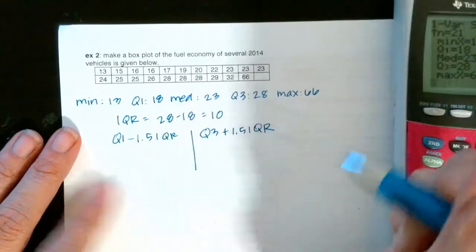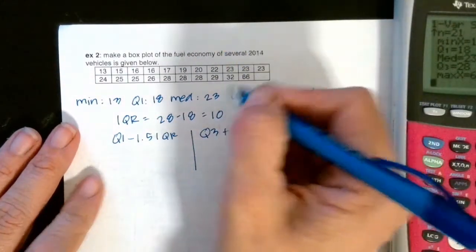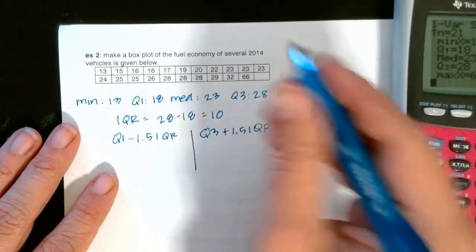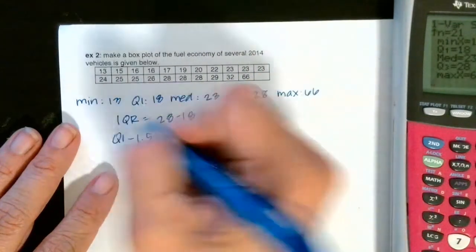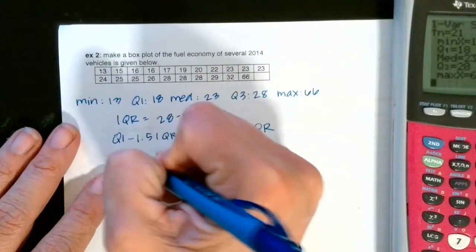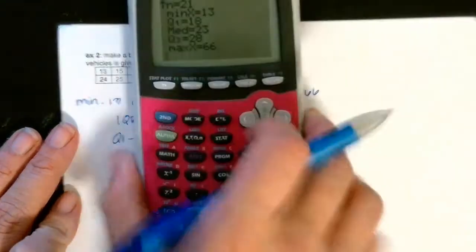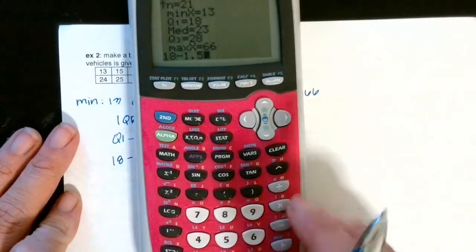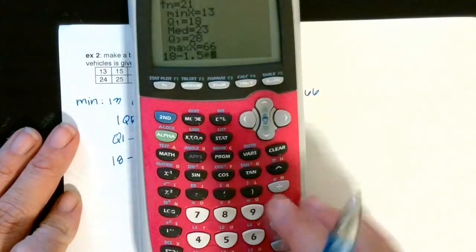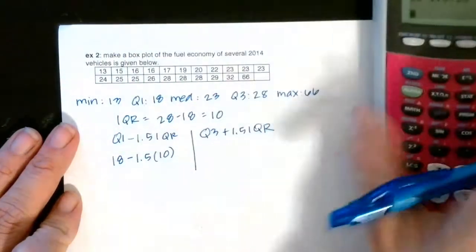These are just our boundaries to the left and to the right of the minimum and the maximum. So this is going to be 18 minus 1.5 times 10, which equals 3.